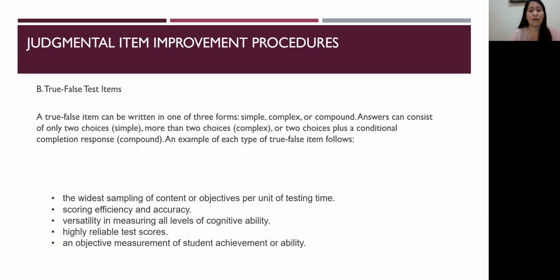The widest sampling of content or objectives per unit of testing time, scoring efficiency and accuracy, versatility in measuring all levels of cognitive ability, highly reliable test scores, and objective measurement of students' achievement or ability. So these are the advantages in using true-false items.